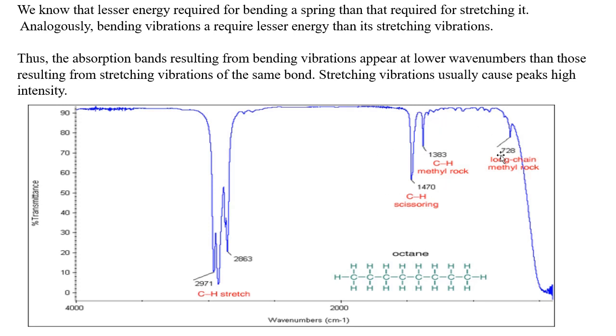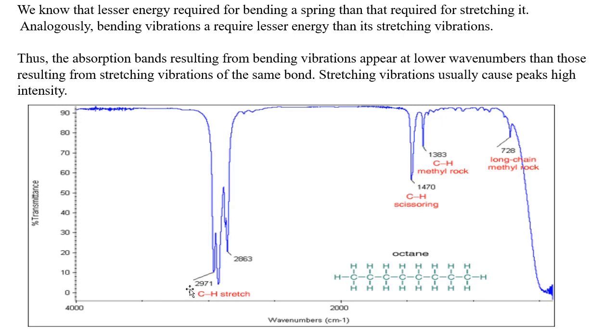You know, stretching vibrations usually cause peaks of high intensity. You can see these are intense peaks. Stretching peaks are intense compared to bending peaks. And also bending peaks are usually obtained at lower wave numbers compared to those required for stretching vibrations. Here it is carbon hydrogen stretch.